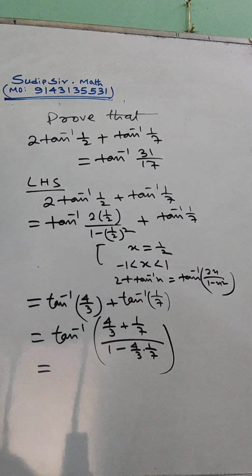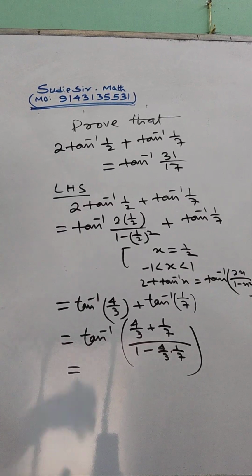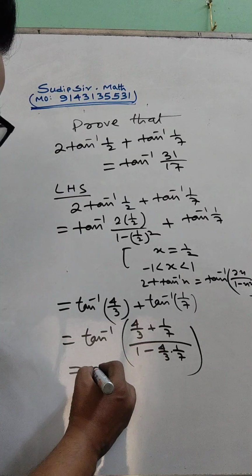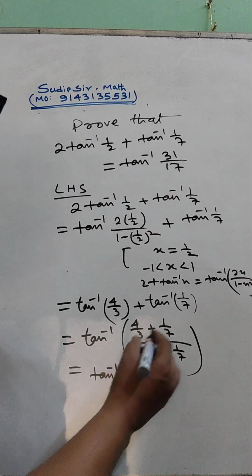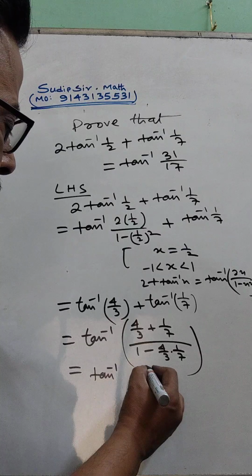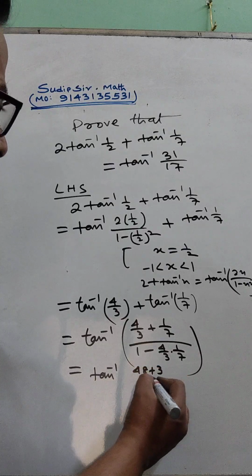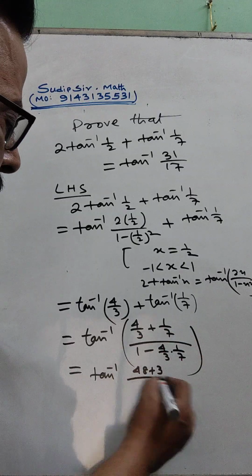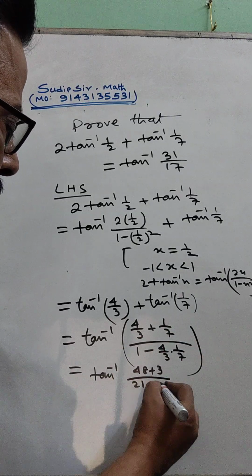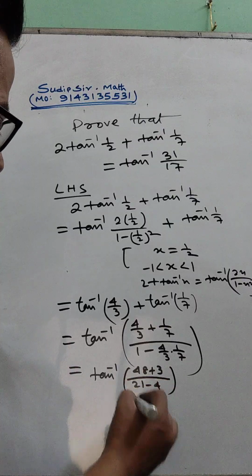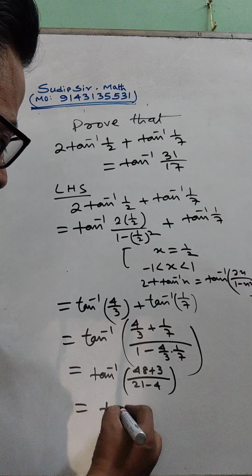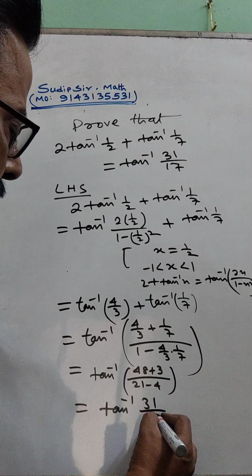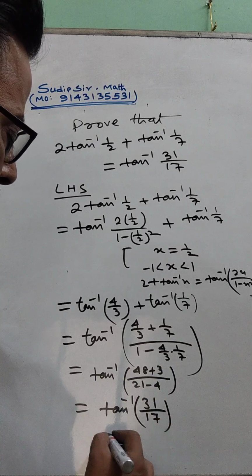Simplifying, it will be tan inverse of 31 by 70.